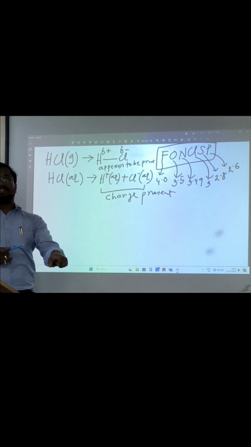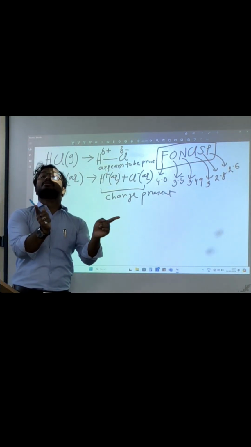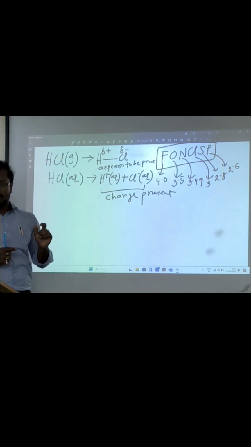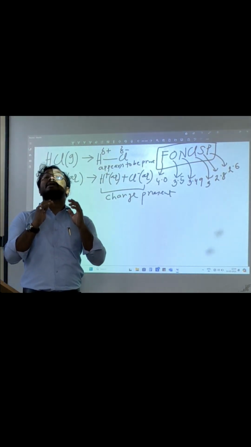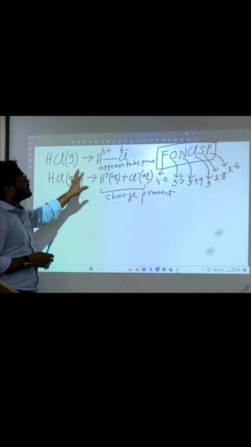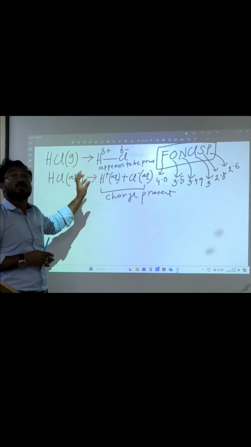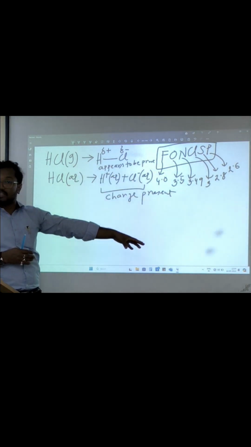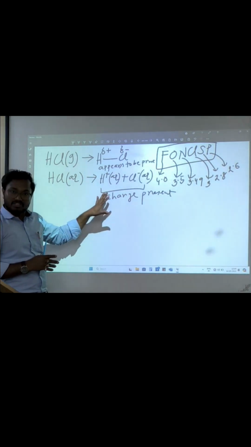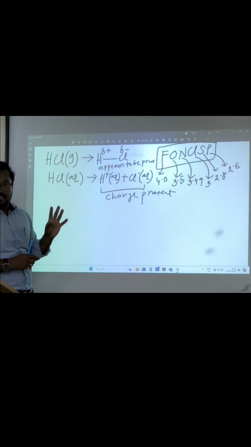In the case of formal charge, it is mutually shared between two atoms. Formal charge is an imaginary charge. But here we find that the electron is transferred from one atom to another. There is no mutual sharing. So this is the basic difference between formal charge and oxidation state.